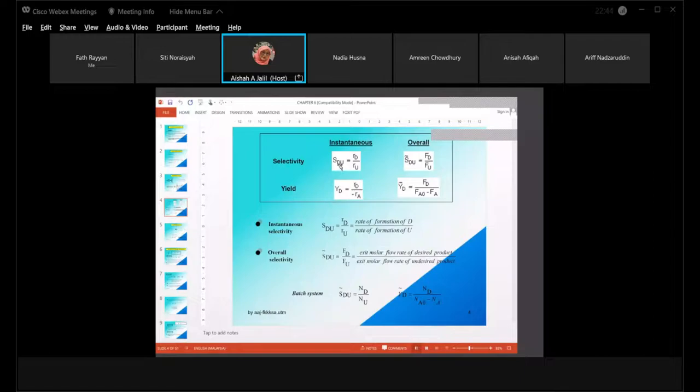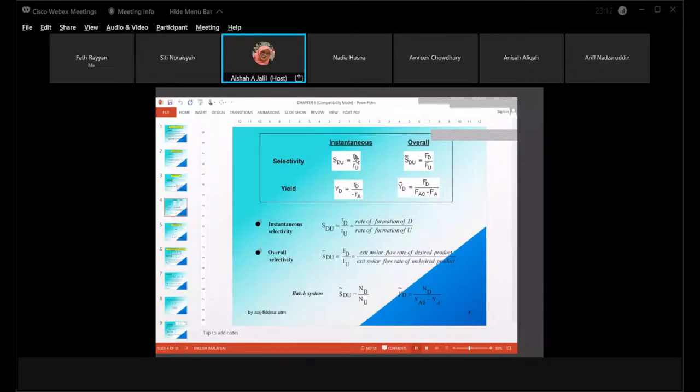SDU equals, we can calculate based on the rate, the rate of reaction RD over RU. And this we can also calculate from the flow: flow of desired product over undesired product.